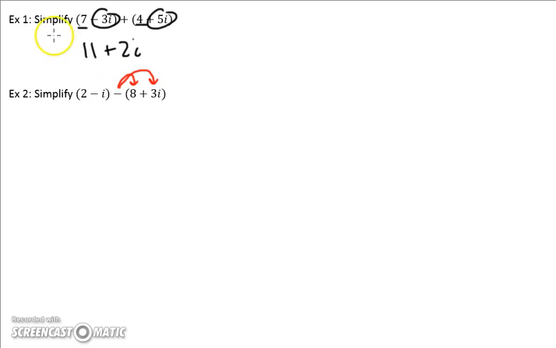So when we're looking at this one, we're really looking at 2 minus i minus (8 minus 3i). So we distribute that negative through: 2 minus 8 is negative 6, negative i minus 3i is negative 4i. So as long as we remember to distribute that negative, addition and subtraction, no problem.